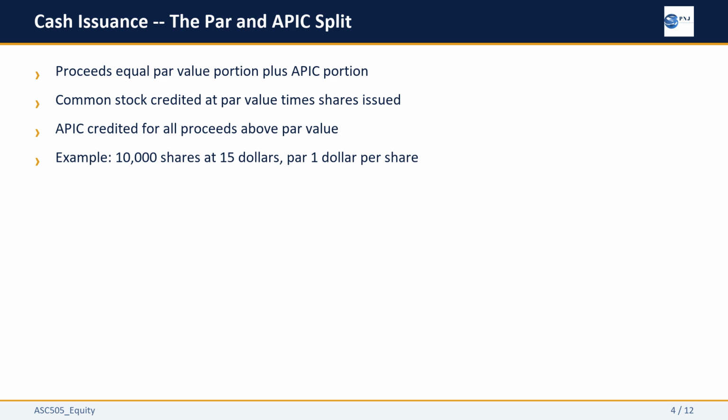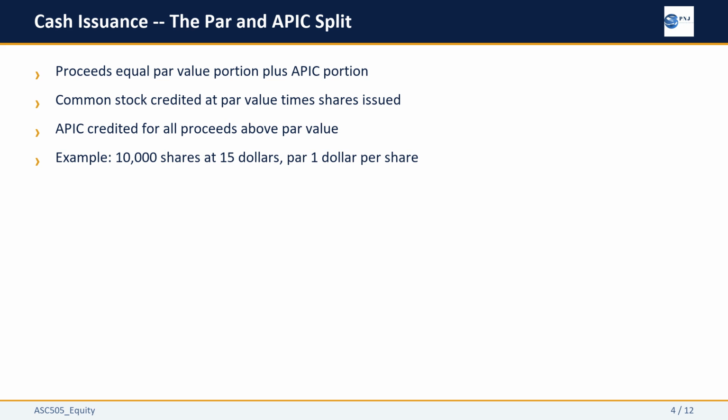Here is the standard cash issuance. Your company issues 10,000 shares at $15 each with a par value of $1 per share. Total proceeds are $150,000. The entry is: debit cash for $150,000, credit common stock at par for $10,000, that is 10,000 shares times $1 par, and credit additional paid-in capital for $140,000, which is 10,000 shares times $14 over par.